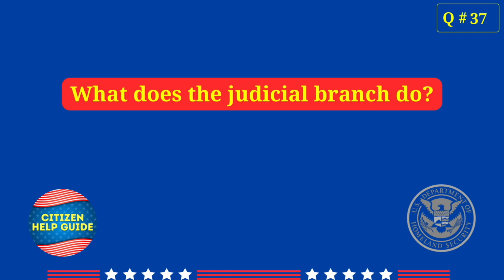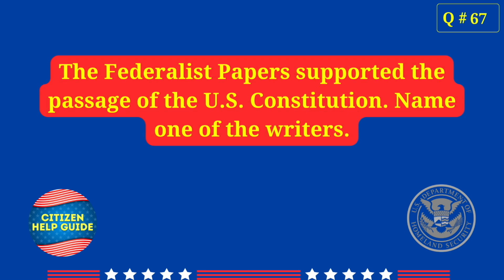What does the judicial branch do? Reviews laws. The Federalist Papers supported the passage of the U.S. Constitution. Name one of the writers.